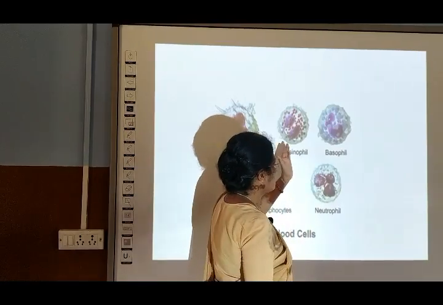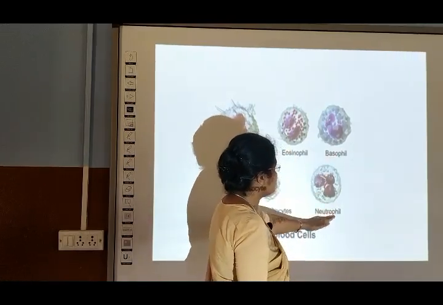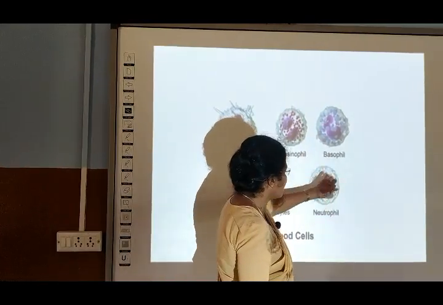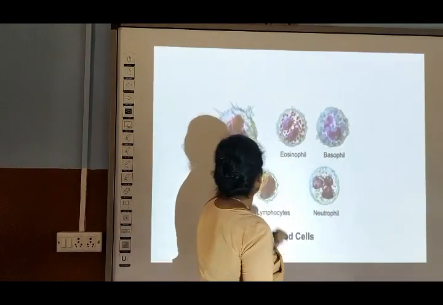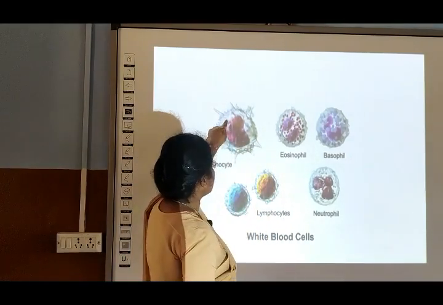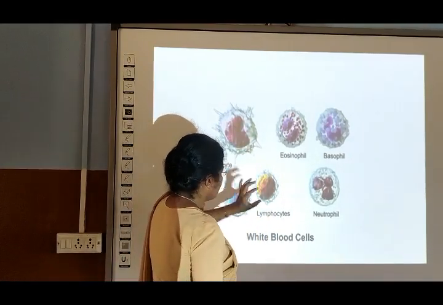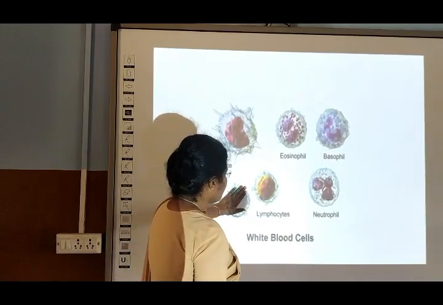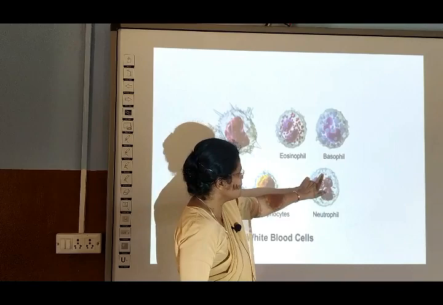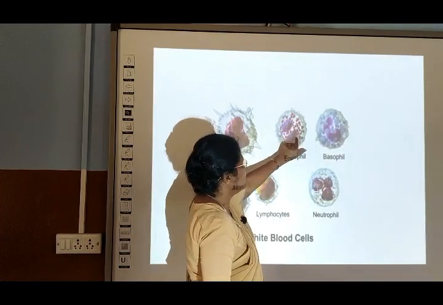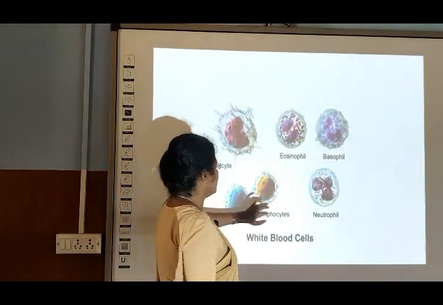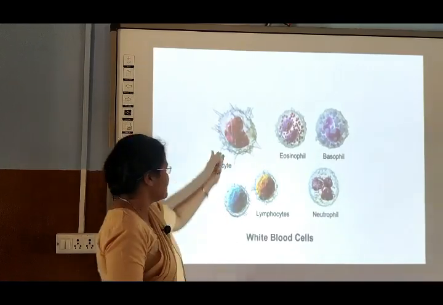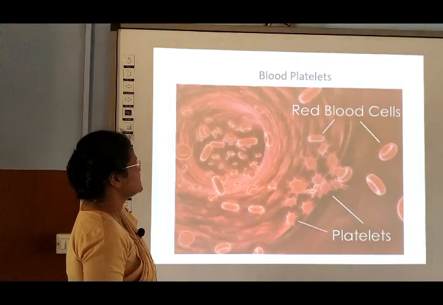So they have the names eosinophils, basophils and neutrophils, collectively called granulocytes because they have a granular structure. Whereas here you will not see any granular structure, so they are agranulocytes, that is your monocytes and lymphocytes.